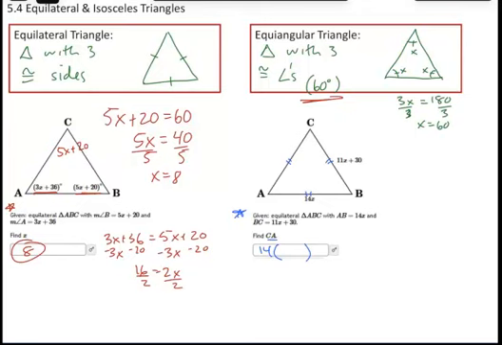So all I need to do is solve for x, and I can do that by setting these two sides equal to each other, which means that the expression 14x and the expression 11x plus 30 are equivalent. Subtract 11x from both sides and solve. x is equal to 10, plug that in, and I get my answer to be 140.